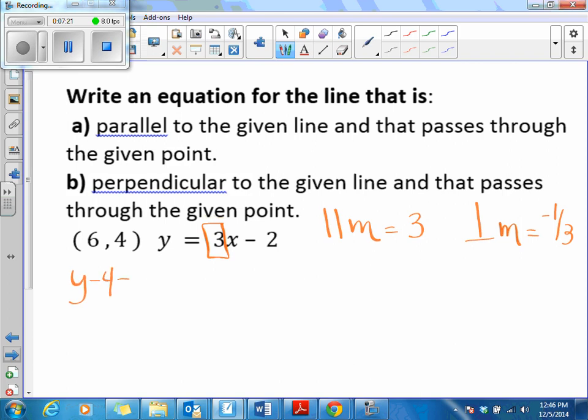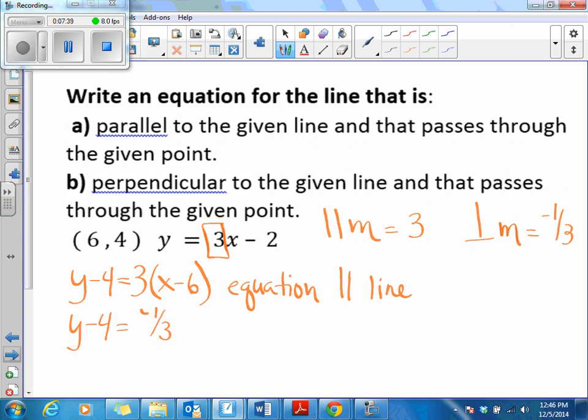Y minus 4 equals 3 times the quantity x minus 6. This is the equation of a line that's parallel. And then y minus 4 equals -1/3 times the quantity x minus 6 is the equation of the line that would be perpendicular.